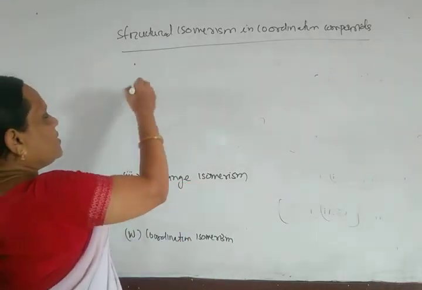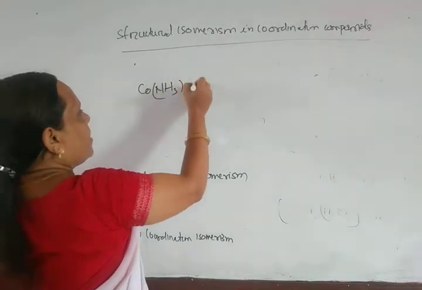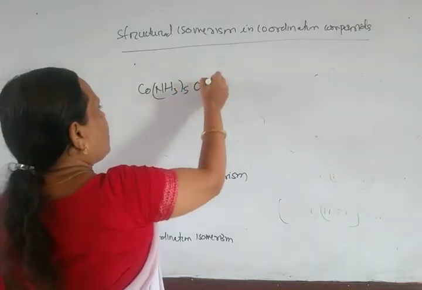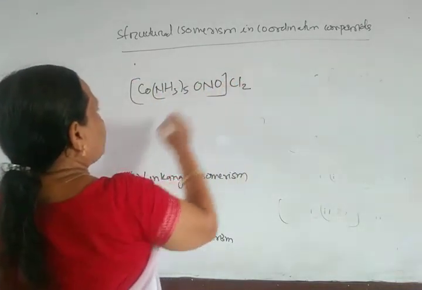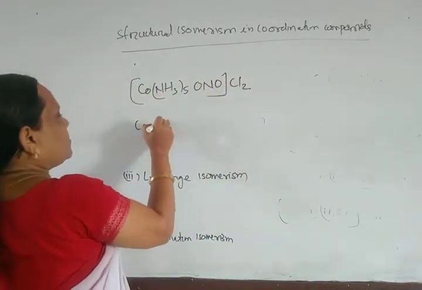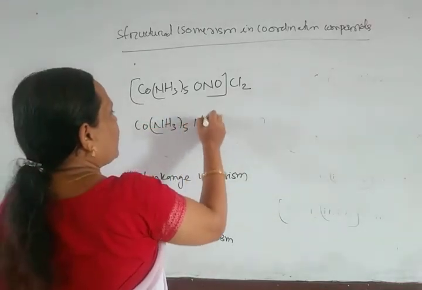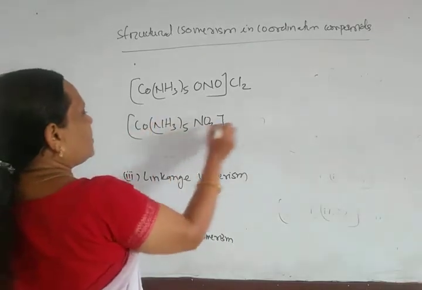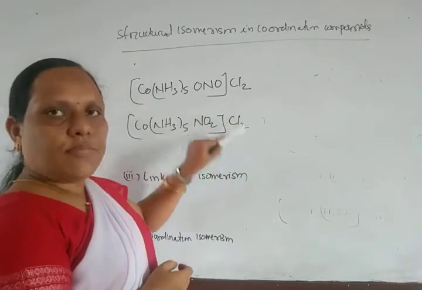Okay. For example, [Co(NH3)5(ONO)]Cl2 and [Co(NH3)5(NO2)]Cl2. Both have the same formula, and both give the same ions.